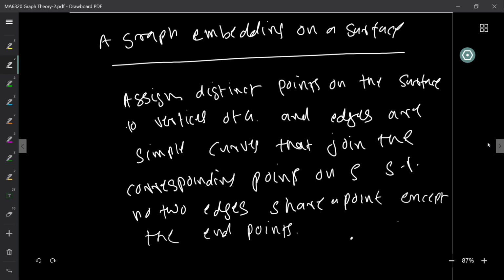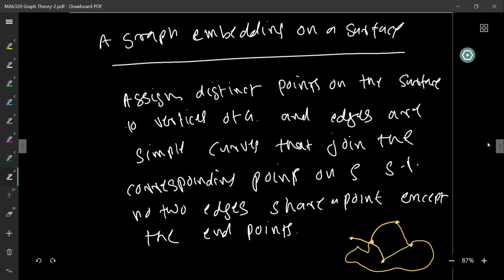So you have these vertices, and you are allowed to put curves connecting them, and they can intersect only at the vertices, at the endpoints. For example, you are not allowed to draw like this. This kind of drawing is not allowed. I can go like this, no problem.